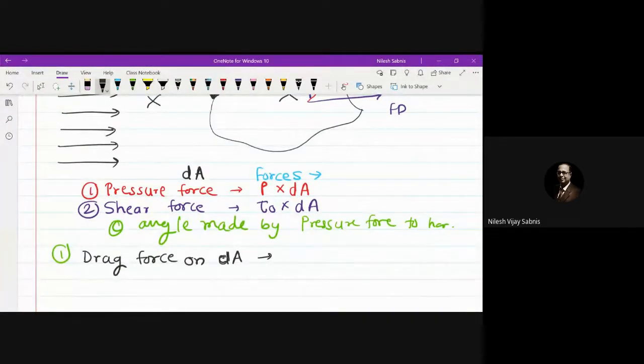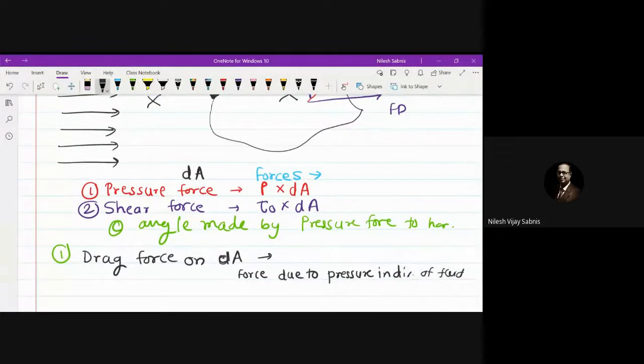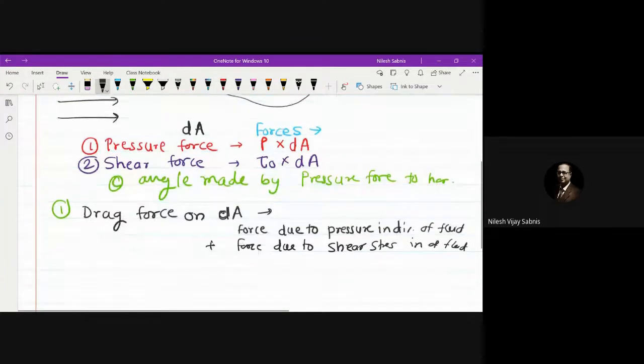So first, the component of pressure force in the direction of motion, that is force due to pressure in the direction of fluid flow, plus force due to shear stress in the direction of fluid motion.